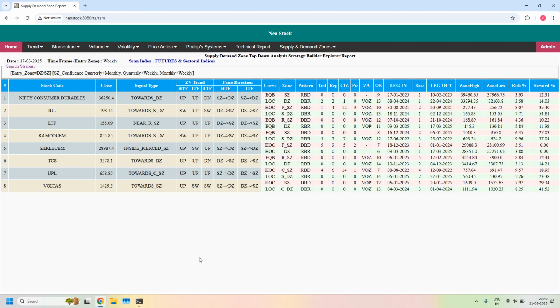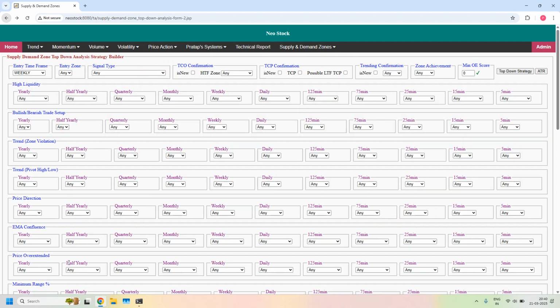So in these 8 stocks, all these are weekly supply zones. These weekly supply zones are overlapped with monthly supply zone, and both together overlapped with quarterly supply zone. We can further filter to check how many quarterly supply zones are having quarterly EMA confluence supported stocks.